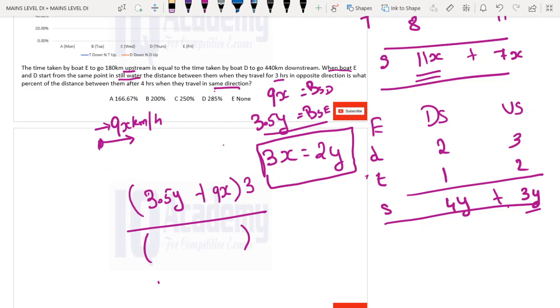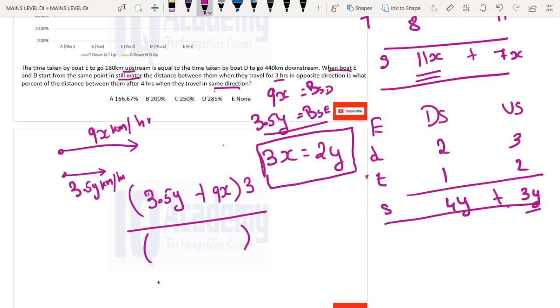If it is the same direction from the same point, D will be traveling at a speed of 9x km per hour and E will be traveling at a speed of 3.5y km per hour.